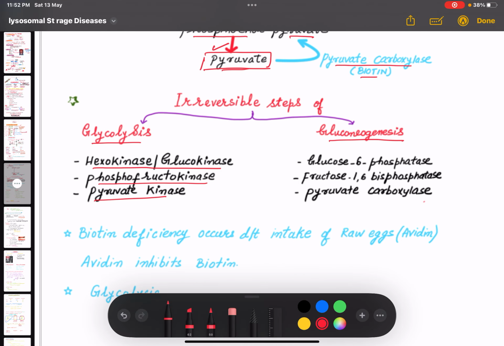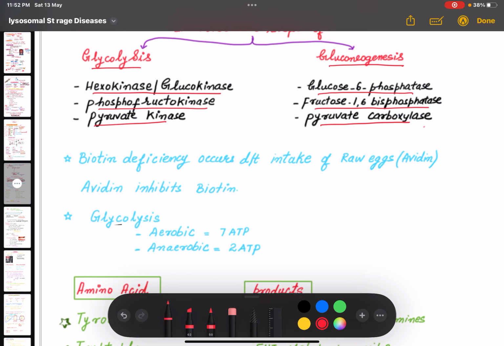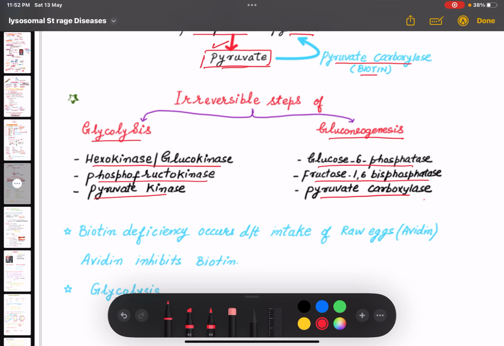And you can see the enzymes which are needed in gluconeogenesis, that is glucose 6 phosphatase, fructose 1,6 bisphosphatase, and pyruvate carboxylase. These are the three enzymes. Here you can see that biotin deficiency occurs due to intake of raw eggs.